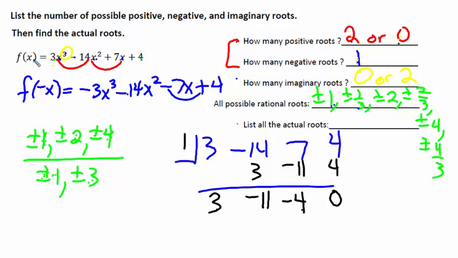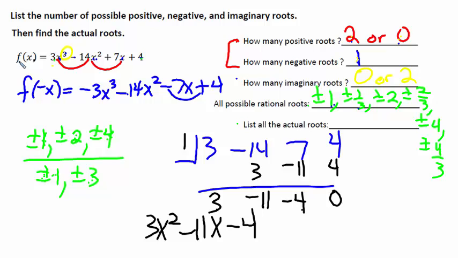So our new polynomial is going to be 3x squared minus 11x minus 4. This might just factor, unfoil. So if it does, it'll have two easy to see roots, and those two roots will be roots of f of x as well.